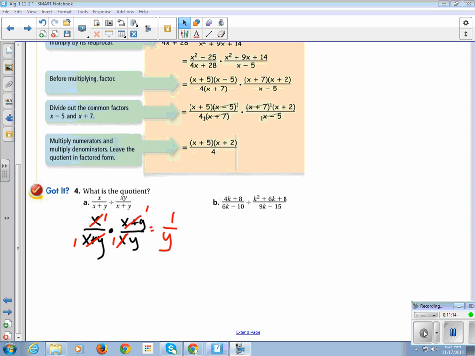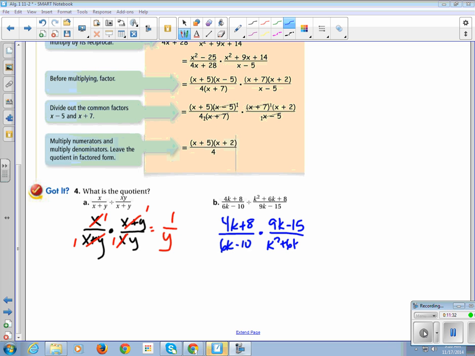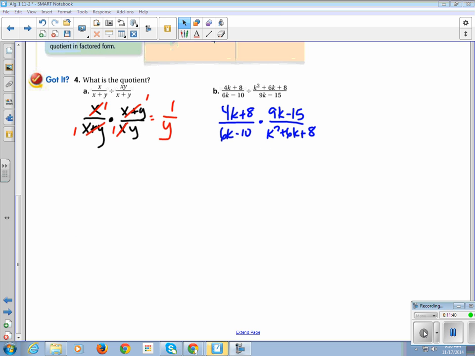Let's get a little bit more complicated here. So we rewrite the first item. Write a multiply instead of a divide, and then flip. Now we follow the same process where we factor.